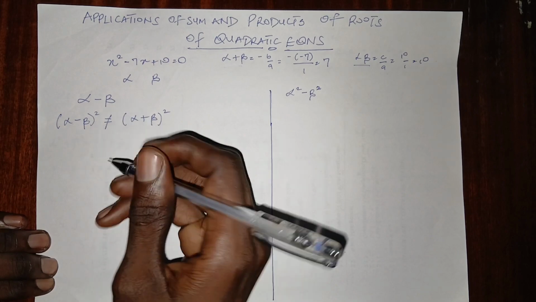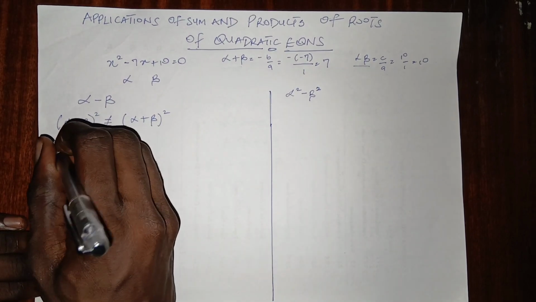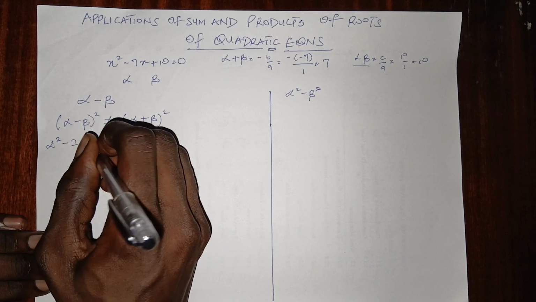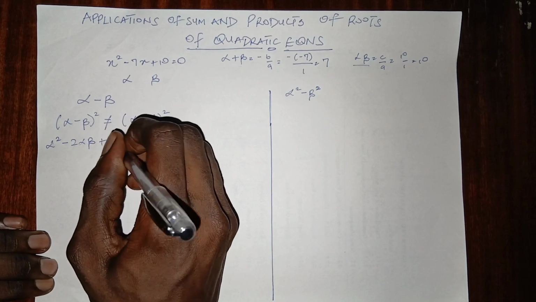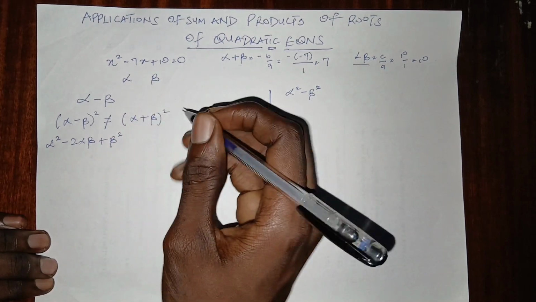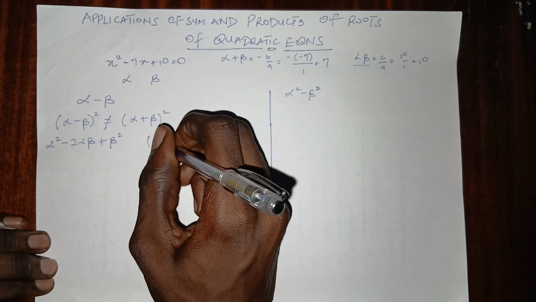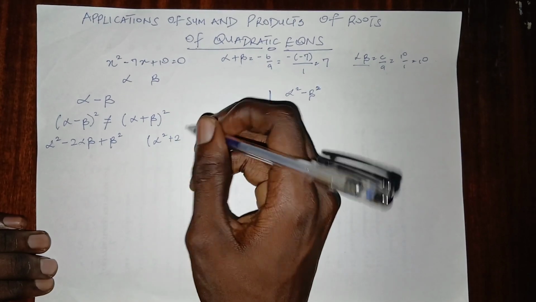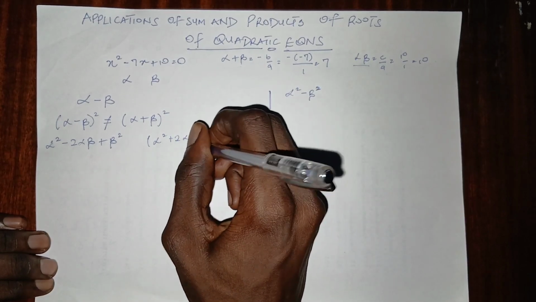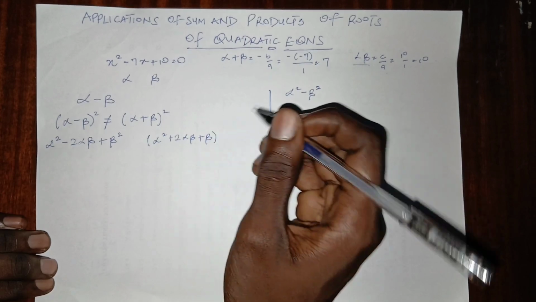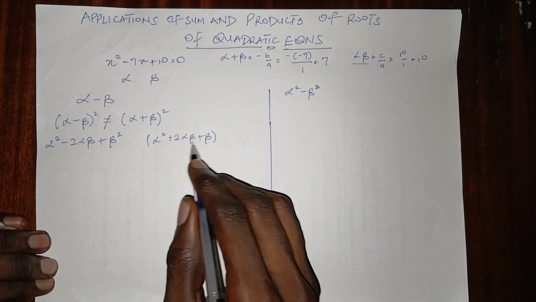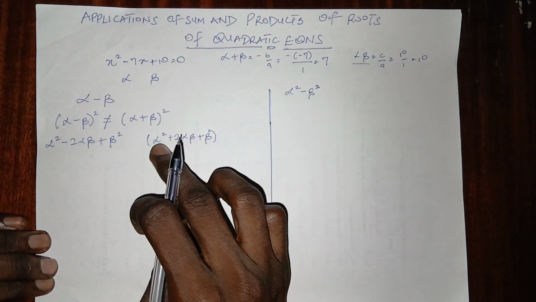But if we expand them, you have alpha squared minus 2 alpha beta plus beta squared, and alpha squared plus 2 alpha beta plus beta squared. So what can we do to make this look like this? If we substitute minus 2 alpha beta, we only have alpha beta.